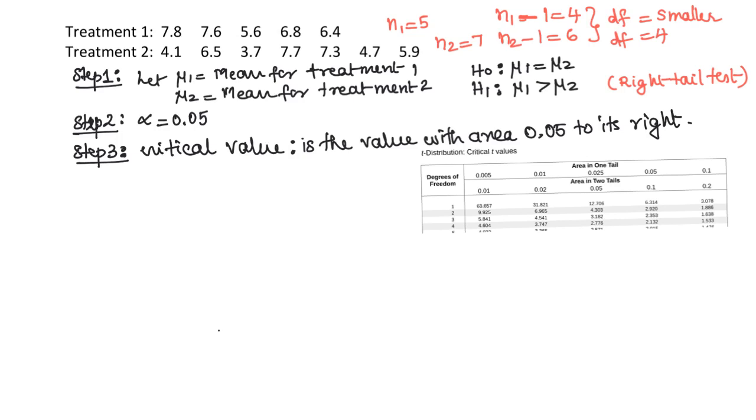In the student t distribution, look under degrees of freedom 4. This is a one tail right tail test and 0.05 significance level. So you can see that is 2.132. That means the critical value t alpha equal 2.132.